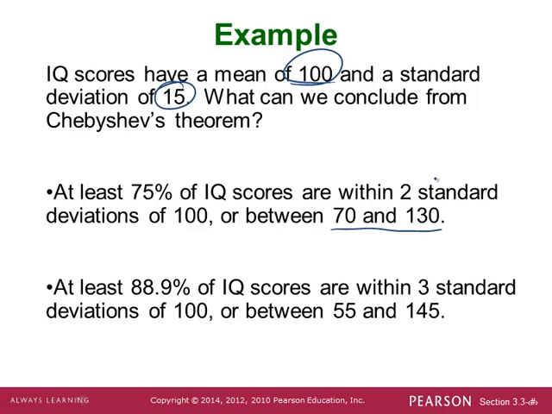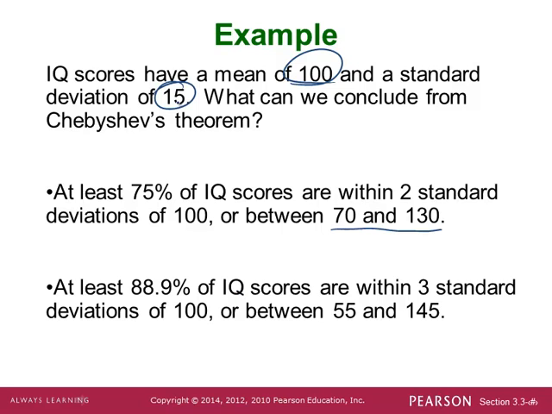And likewise, we see that about 89%, in particular 88.9%, that's 1 minus 1 over 3 squared, which is 8 ninths. If you were to do 8 divided by 9, you'd get approximately 88.9%. So about 88.9% of human population, randomly selected, will have IQ scores within 3 standard deviations of the mean of 100.